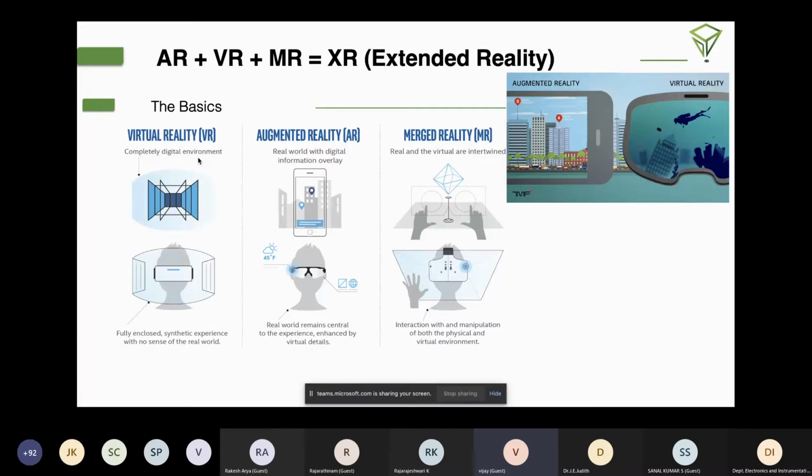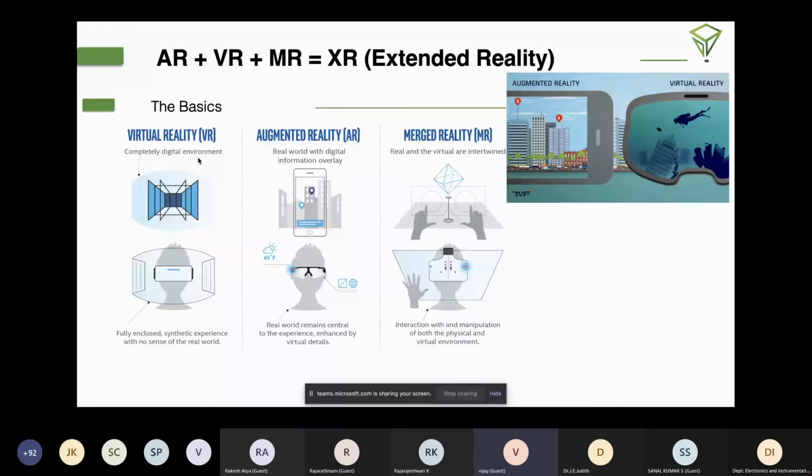We will be talking about a few of these in the coming slides. So that's virtual reality, right? In VR, as I said, you get to move things around. You'll be able to place objects, use knives, use machinery. You'll be able to do all the interaction in the virtual world.